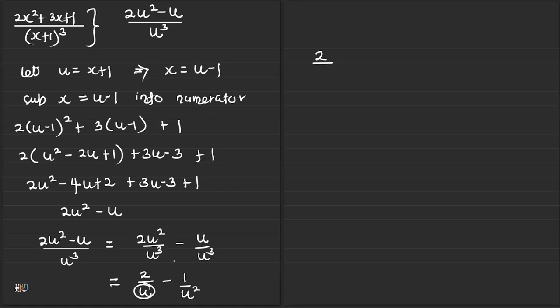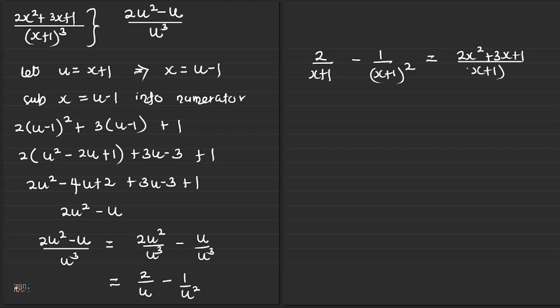U we have over here is simply what? x plus 1. So we have 2 over x plus 1, then minus 1 over u squared, which is (x plus 1) all squared. And that is equal to our function we were given over here, which is the 2x squared plus 3x plus 1 all over (x plus 1) all cube.